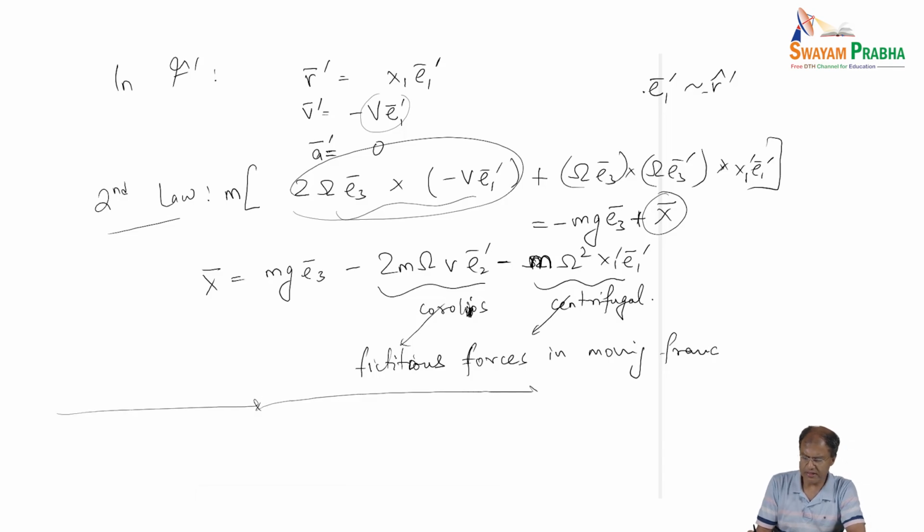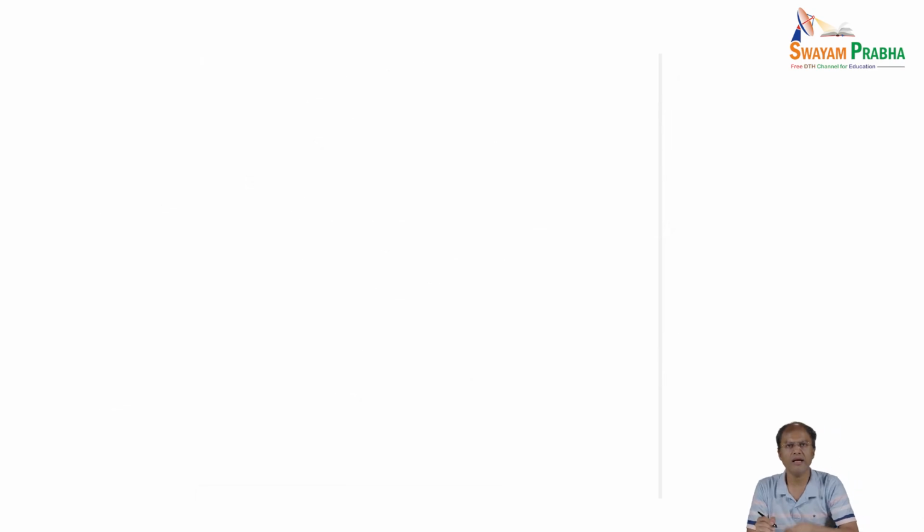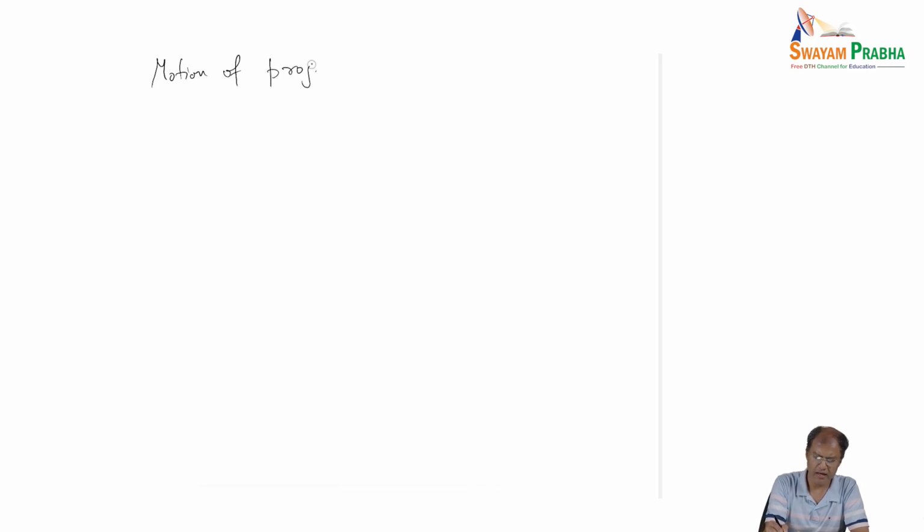So an example which is seen in our everyday life, let's say the example of a projectile motion, the motion of a ball which is thrown from the surface of the earth, right? We know that earth is also moving with time, right? So we have that motion of earth, motion of let's say projectile with respect to earth, right?